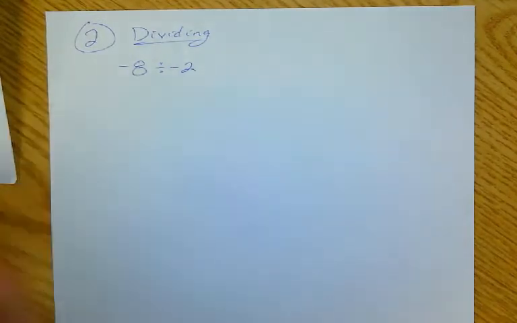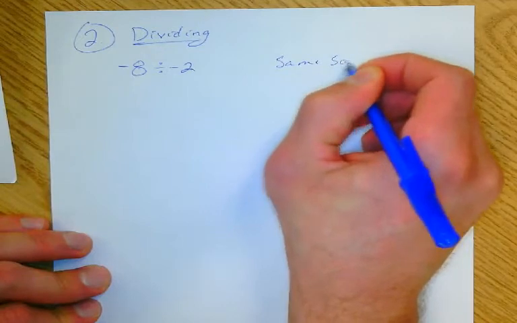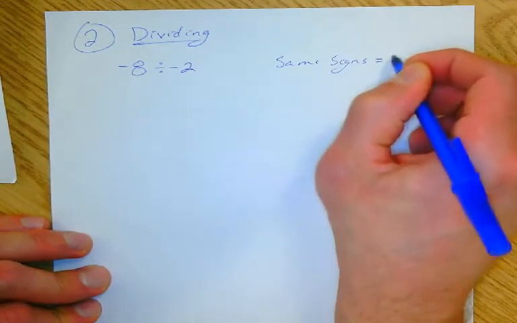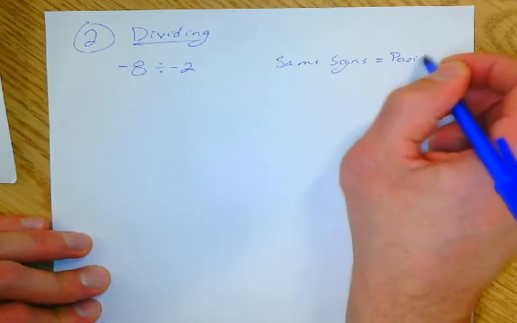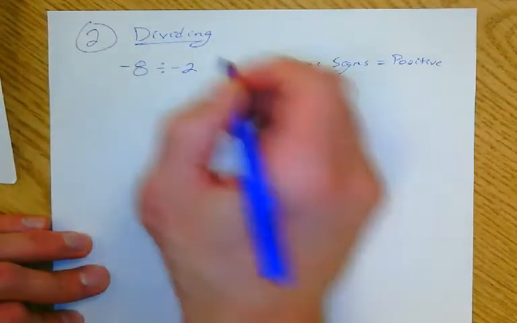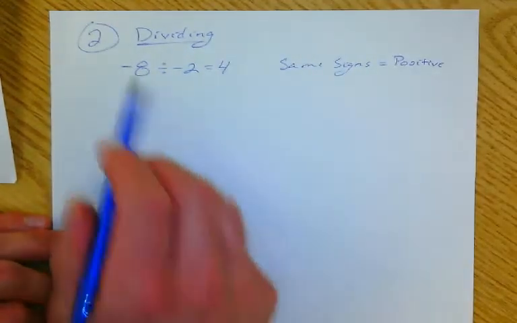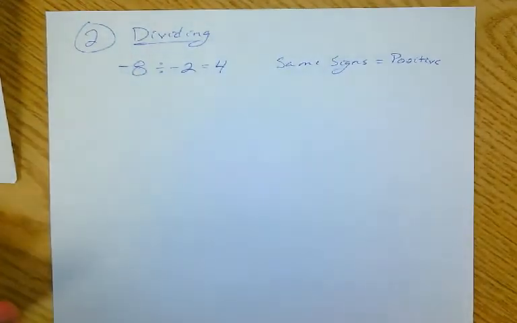If they have the same signs, it will give us a positive quotient, or answer to a division question. So negative 8 divided by negative 2 will give us a positive 4 because 8 divided by 2 is 4. Their signs are the same, so it's going to be positive.